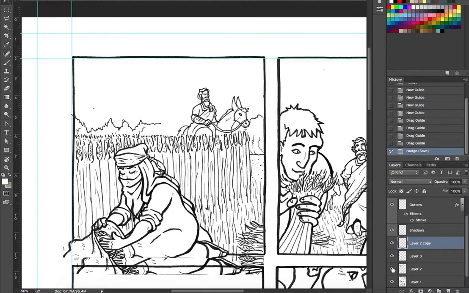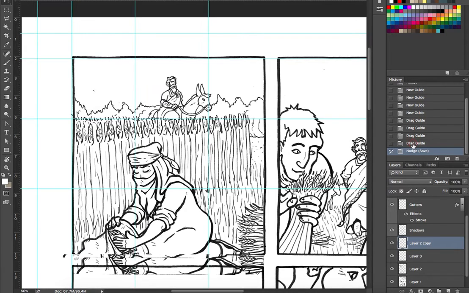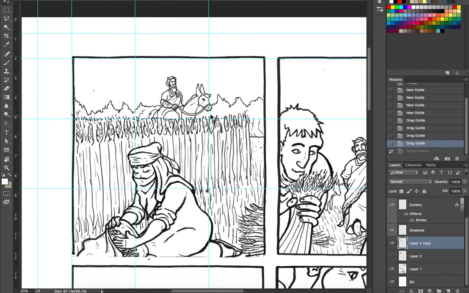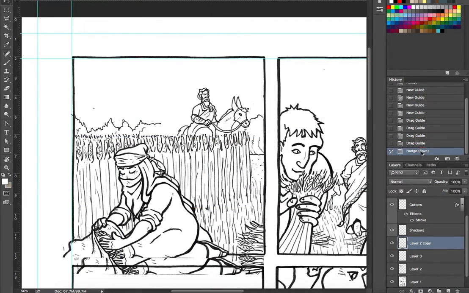Like I say, it needs tidying up, but what I did was I made Ruth a bit bigger, and also moved Boaz over, so that if we revert to how it was, you can see that the points intersect here.